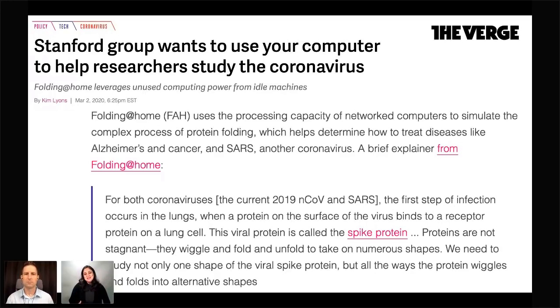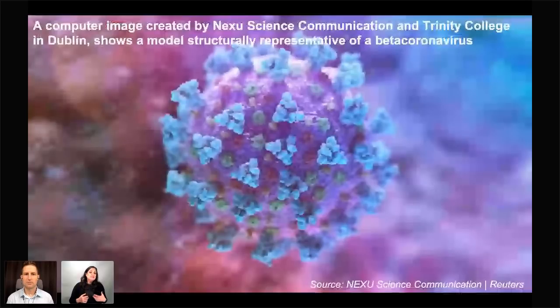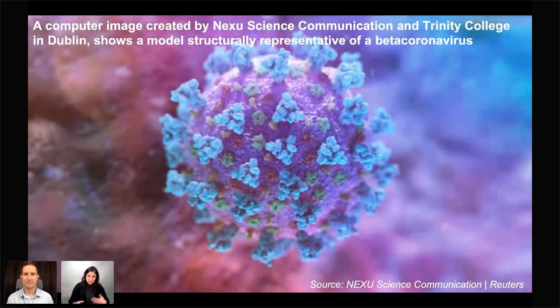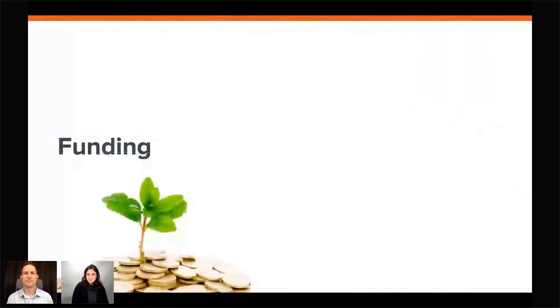Because of that, we need to be able to understand how the shape changes and maybe find different therapeutics that can deal with all the different folded structures of that spike protein. And you can see here, there's a lot of different computational models that are out there now to reconstruct what coronaviruses look like and what potential drug targets there might be.